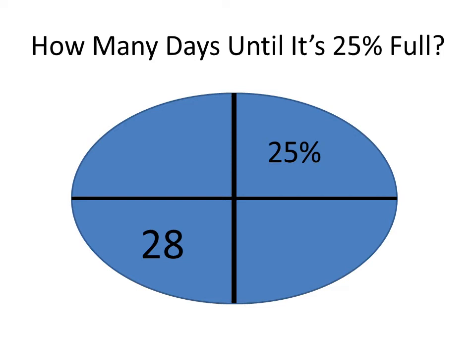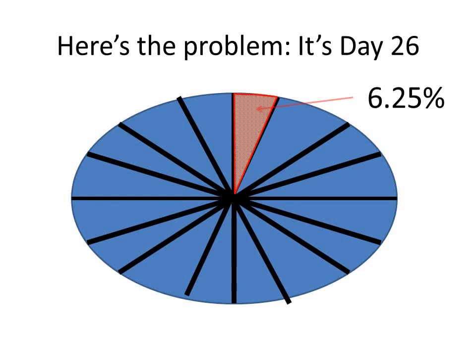Again, if you're looking at an issue that looks like you have a long period of time, but it really does show you what our biggest challenge is. It's really day 26. Because on day 26, the pond's only 6.25% full, and if you want to back it up even one more day, on day 25, it's slightly over 3% full, which looks like we don't even have a problem.